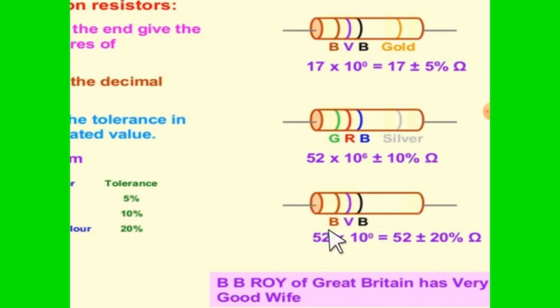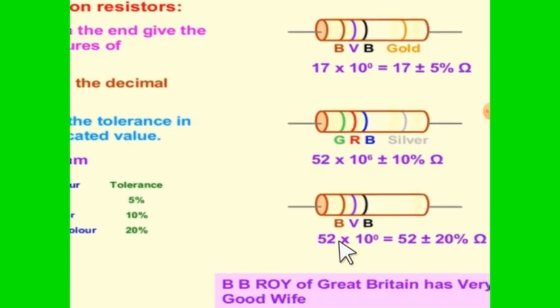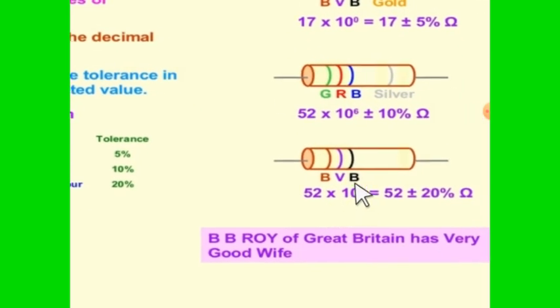Now in the third figure there is a slight mistake here. As I am writing 52, it should not be 52. It should be 17, because brown represents 1 and violet represents 7, as done here. So instead of 52, it should be 17. 17 into 10 to the power 0, because this is black and there is no fourth ring at all.